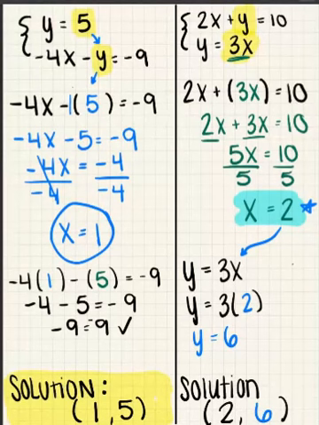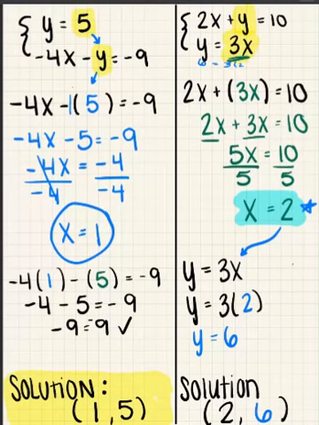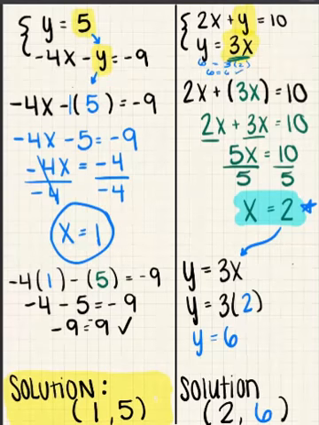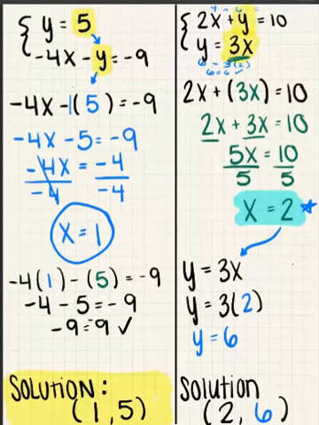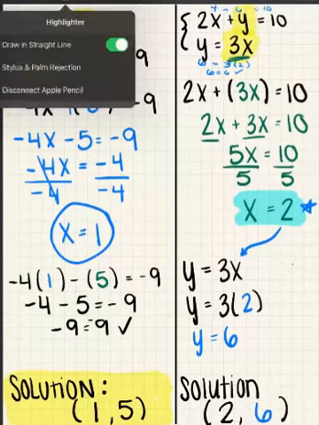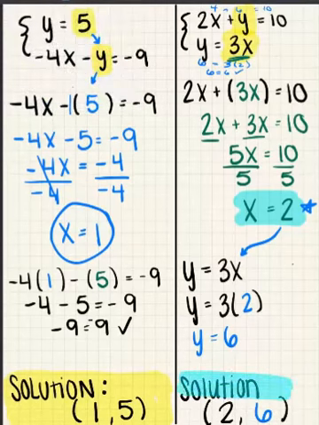Seeing what you would have, y equals 6 equals 3 times 2. 6 equals 6. Good stuff. 2 times 2 is 4 plus 6 for y equals 10. Does 6 plus 4 equal 10? Yes, it absolutely does. So that means that my solution down here is correct as well at (2, 6).